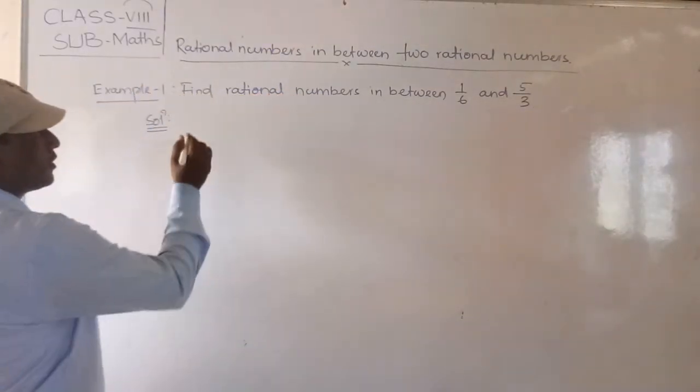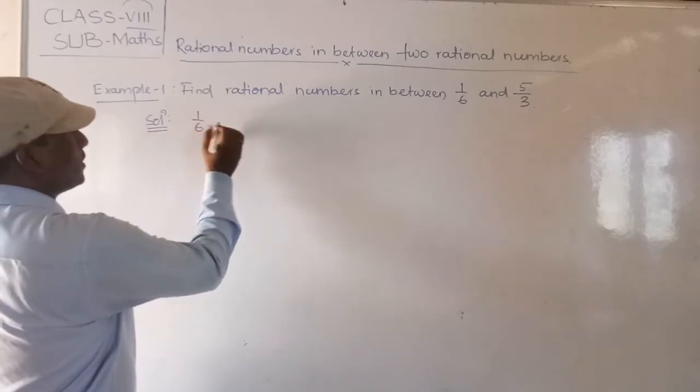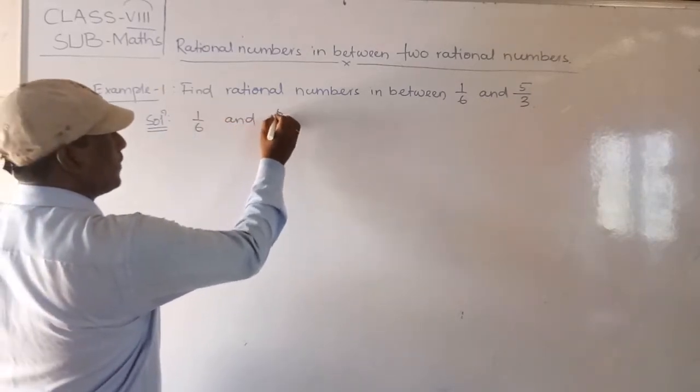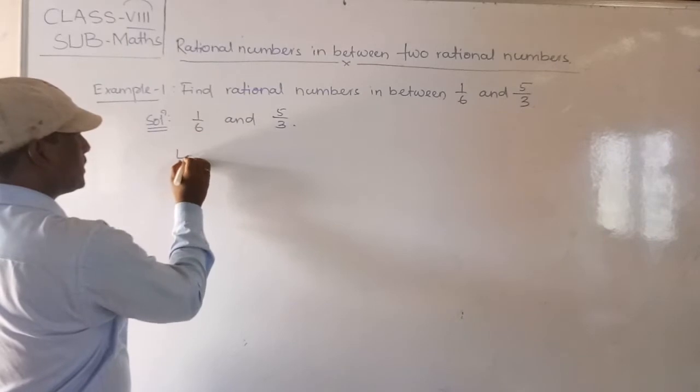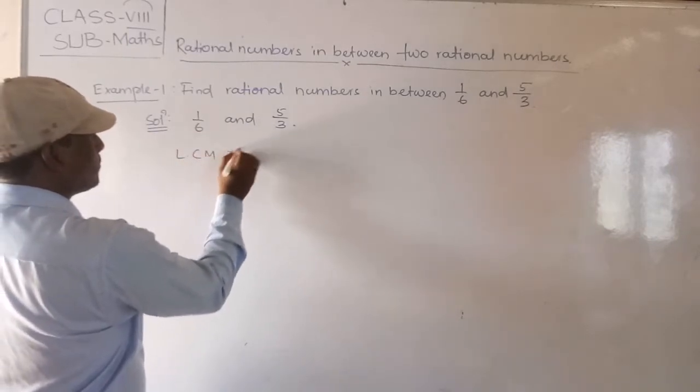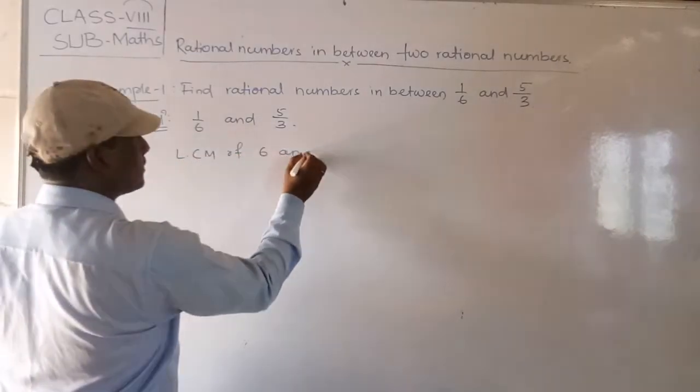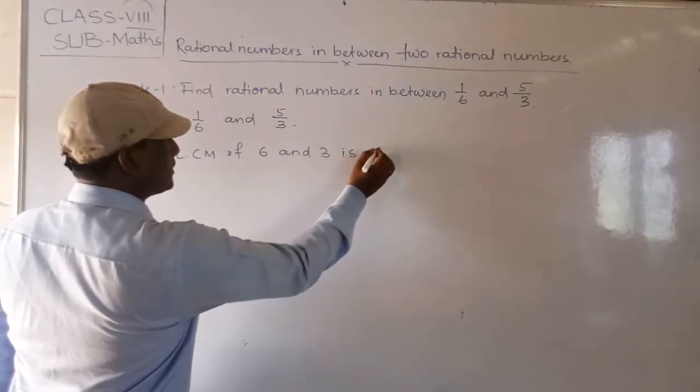Let us see. 1 by 6 is one number and the other is 5 by 3. First make them alike: the LCM of 6 and 3 is 6.